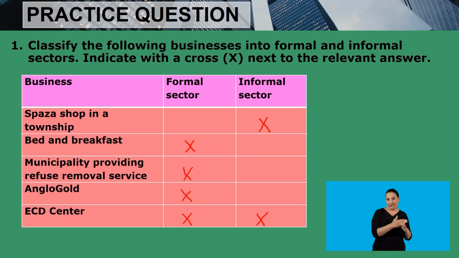And you'd also find that there are also early childhood development centers whereby they are not registered. It's just an agreement between a parent and the childminder who's going to take care of the child, and it's not even registered. Hence, we are saying it falls under both the formal and the informal sector.